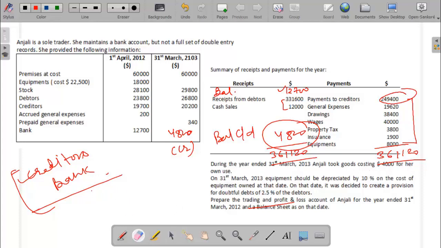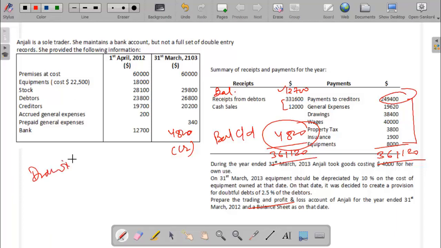So for this, what entry are we to pass? We will pass one entry, drawings account debited, and purchase account will be credited with the amount of goods withdrawn. As purchase account is credited, the value of purchase will be reduced.